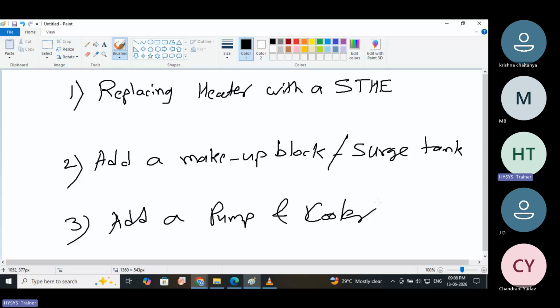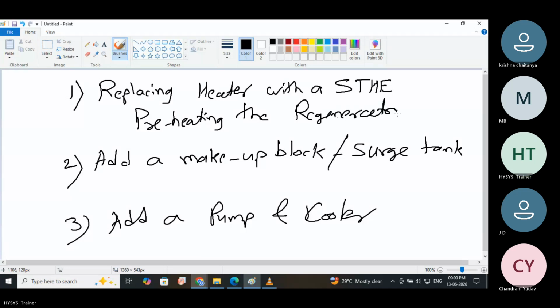First, we are replacing this heater with a shell and tube heat exchanger. For this shell and tube heat exchanger, the purpose will remain the same. It is for preheating the regenerator fluid. It is just for preheating the regenerator fluid.